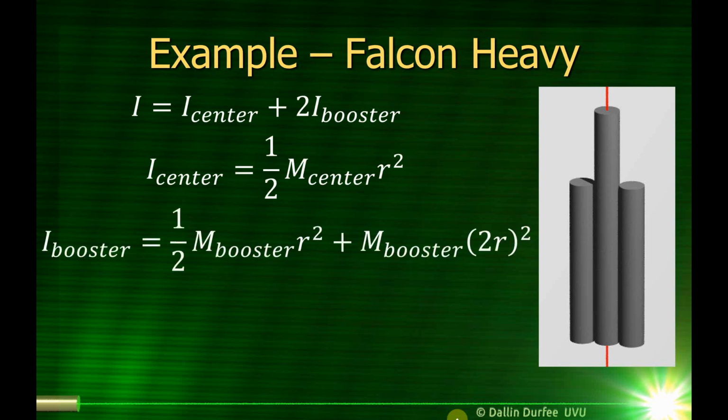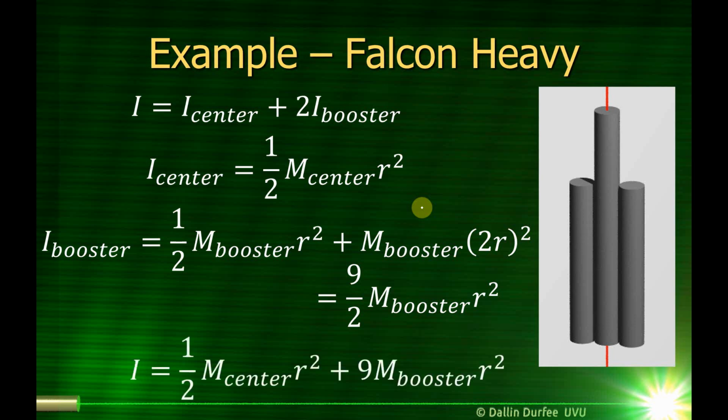So we're going to use the parallel axis theorem, and say the moment of inertia for a booster is the moment of inertia through its symmetry axis, plus m times how far we offset, and the distance we offset is 2 radii, squared. And remember, the center cylinder and the side cylinders have the same radius, so it's just r. If you simplify that, 2 squared is 4. To get a common denominator, we multiply by 2 and get 8/2 plus 1/2 is 9/2 times the mass of the booster times r squared.